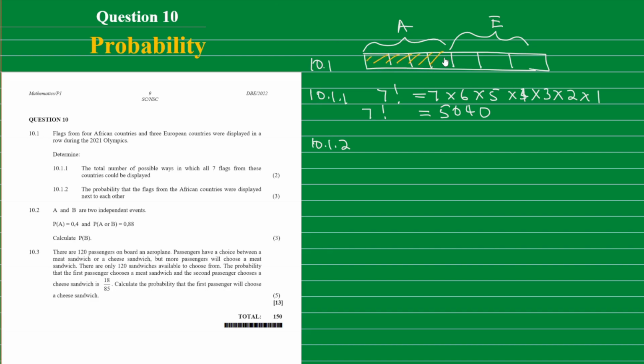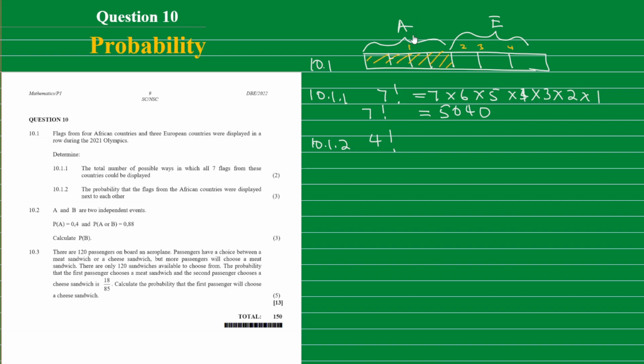So let's take those 4 countries as one item because they are together. This is 1, but the other 3 countries are separate, so we have 2, 3, 4. So we've got 4 items that can be arranged in different ways, which gives us 4 factorial ways.